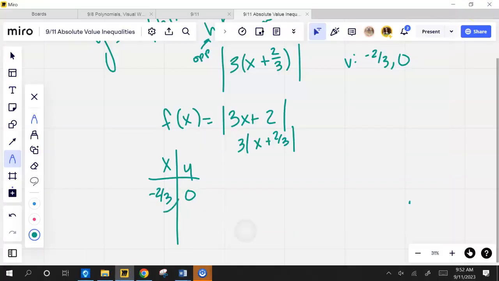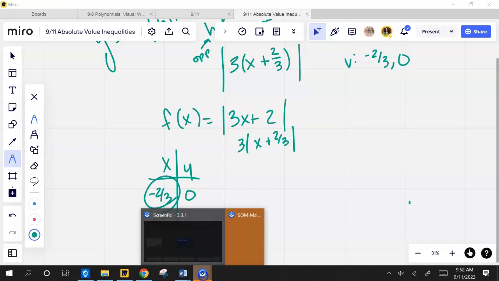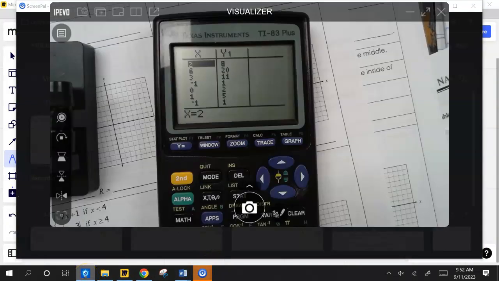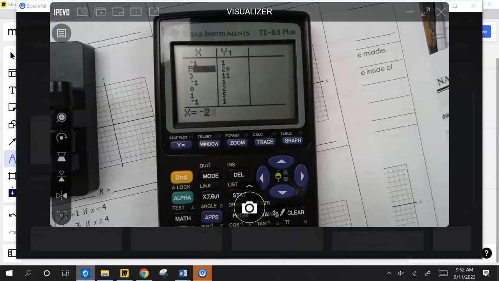So that vertex was at negative 2/3. So to the left of negative 2/3, maybe I want negative 1 and negative 2. Negative 1 and negative 2 give 1 and 4.